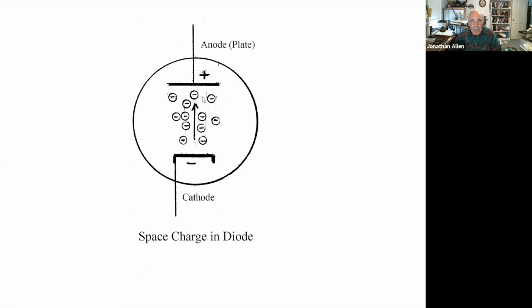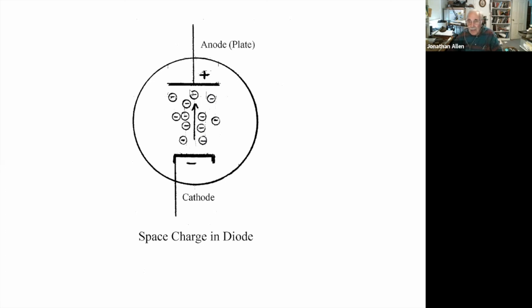So here we have a bunch of negative charges between the cathode and the plate. These in fact cancel some of the plate's positive field as seen at the cathode surface. And this limits the current to a lower value than what the cathode actually could emit. So that's what space charge does.